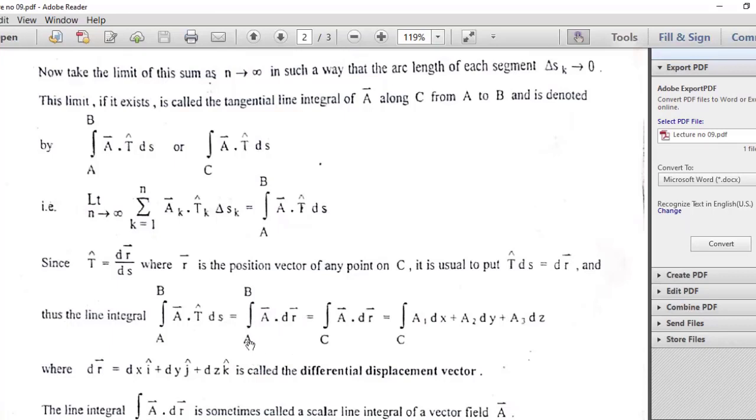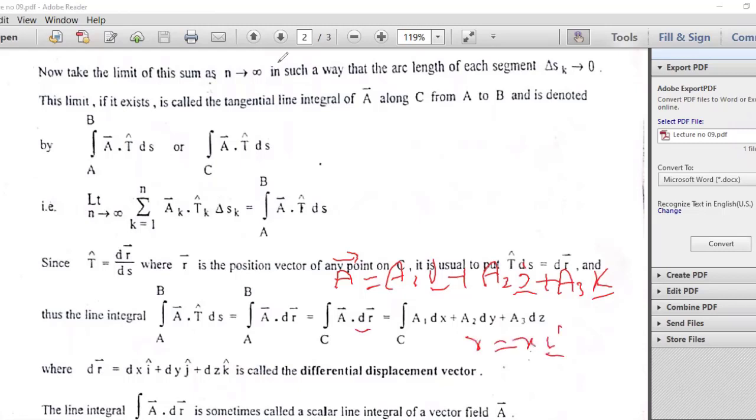And also we ignore A to B; in general we write C, because AB is another name for curve C. The integral of A dot dr, specifically, we write A as three components A1, A2 and A3. The value of A is A1 i plus A2 j plus A3 k, and r is equal to x i plus y j plus z k.